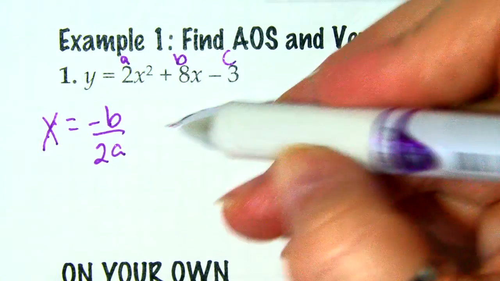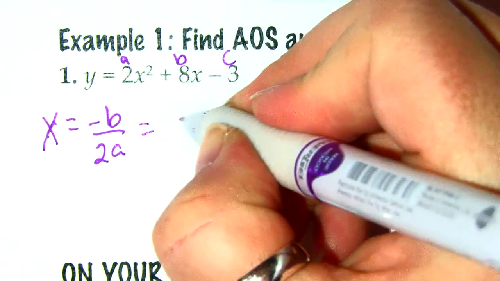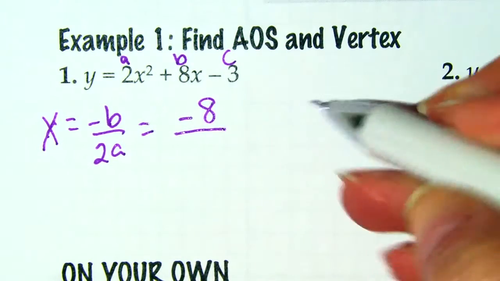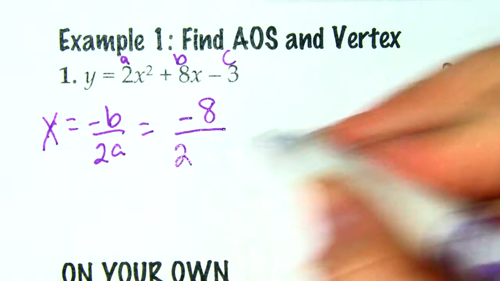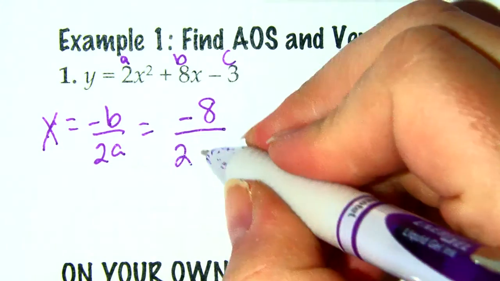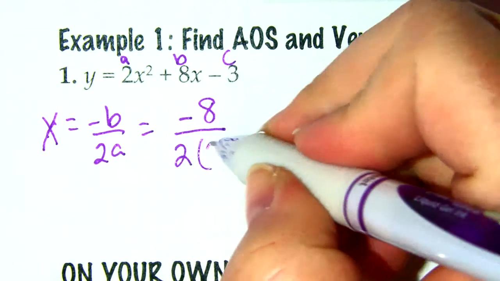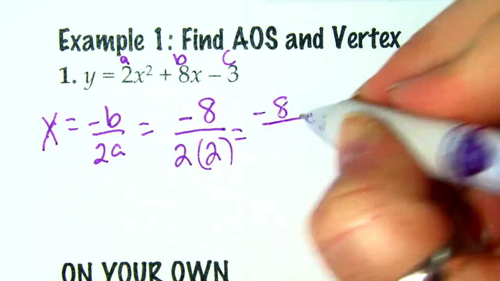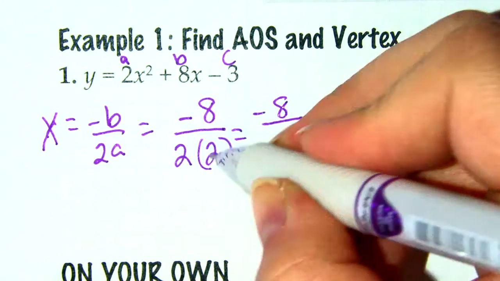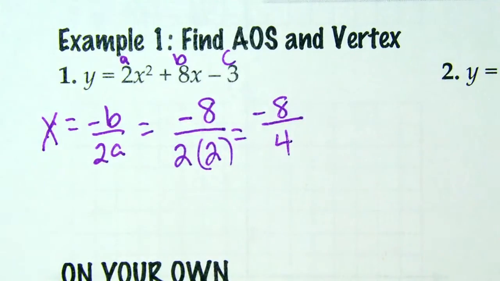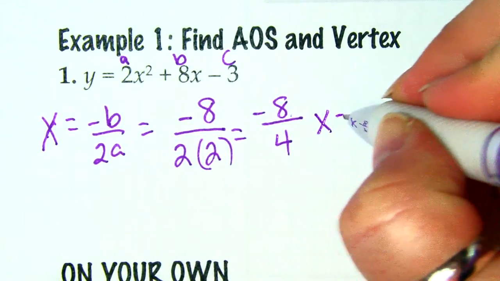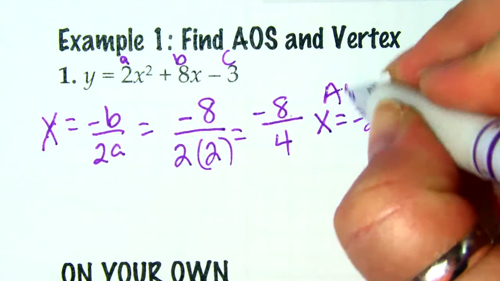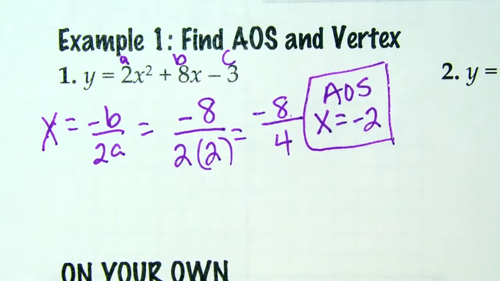So negative b is negative 8 over, always a 2 right here, that's part of the formula, times a, which is 2. So multiply on the bottom, 2 times 2, which is 4, and then reduce that. Negative 8 divided by 4 is negative 2, so x equals negative 2. That's the axis of symmetry. So that's that vertical line that goes through the middle of the parabola.